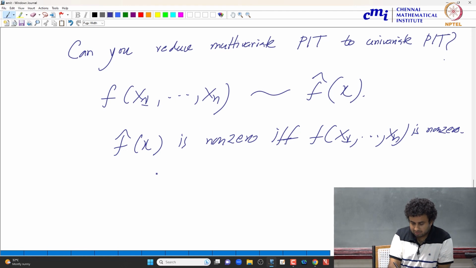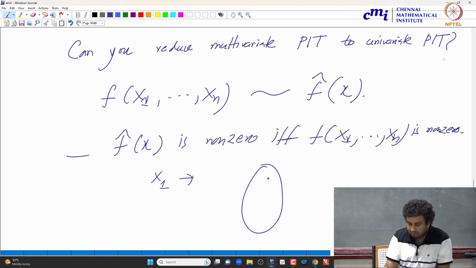How to come up with this? Basically, x1 you have to substitute with some polynomial in x, x2 also you have to substitute some polynomial in x, and xn also. How to achieve this? Wouldn't something like x1 squared plus x2 squared work? No. The idea to achieve this is that there can be (n+d choose d) many multivariate monomials.